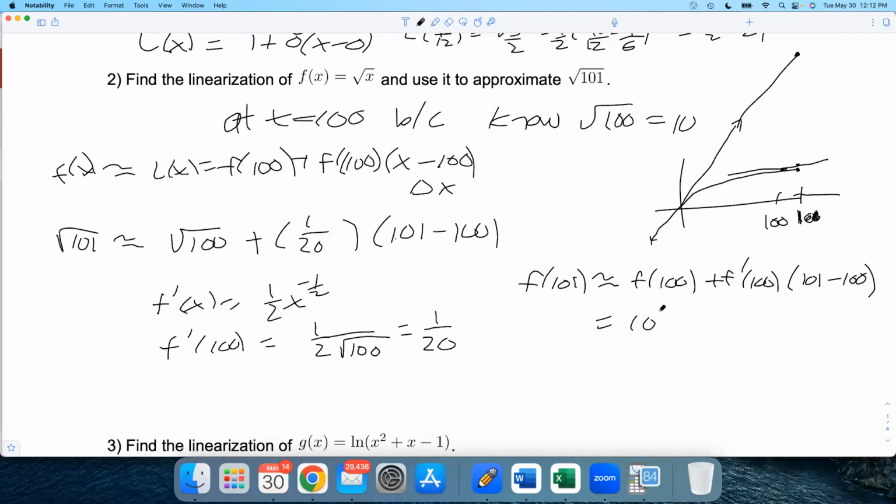F of 100 is 10. Square root of 100 is 10. The derivative at 100 we just found was 1 over 20. 101 minus 100 is just 1. So I get 10 plus, that's, I think, 0.05.